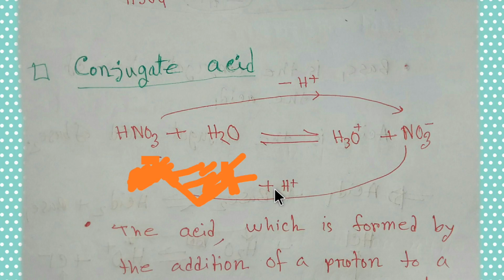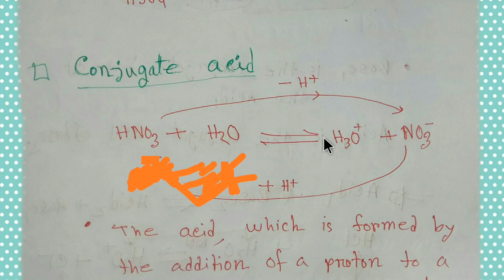Sorry for my mistake. So this water is taking a proton from nitric acid, and now we are getting this, and this is the conjugate acid of the base water, right?